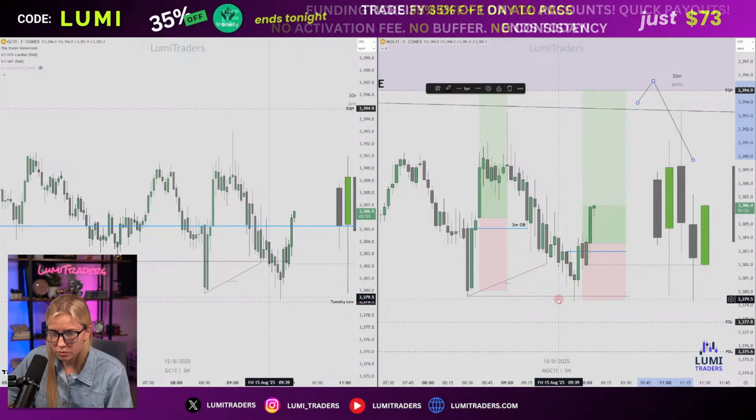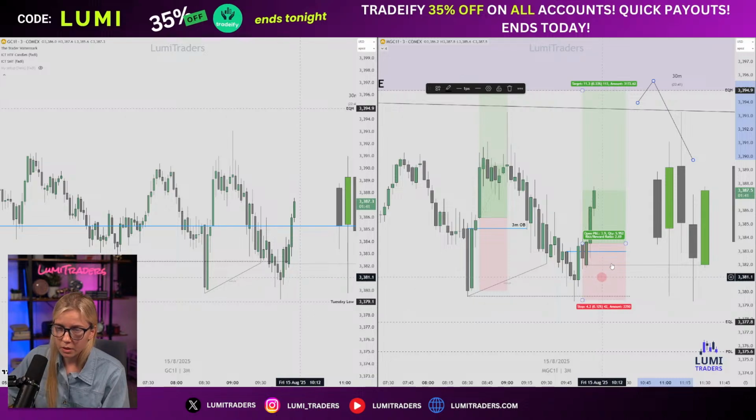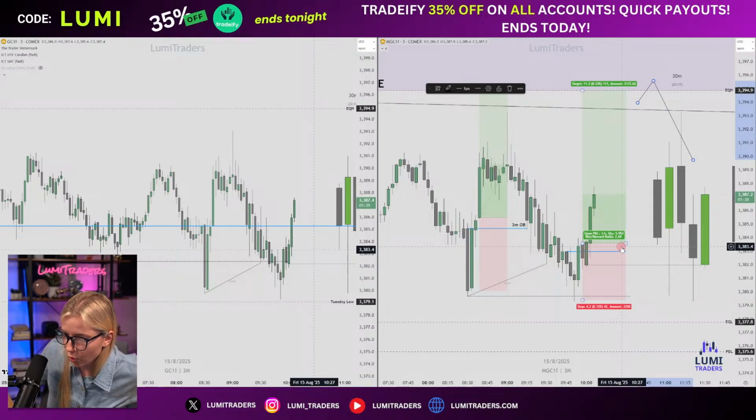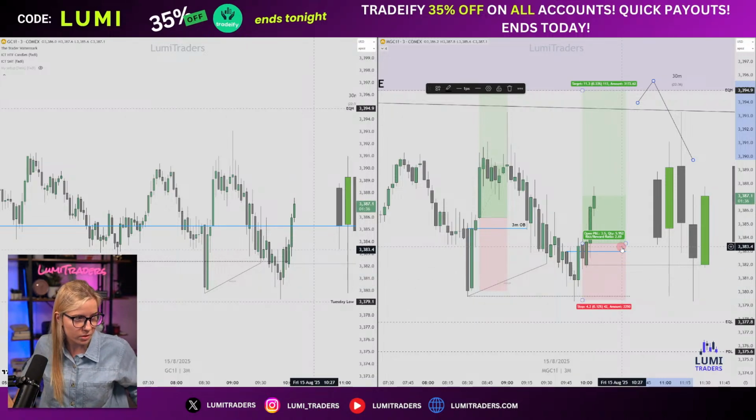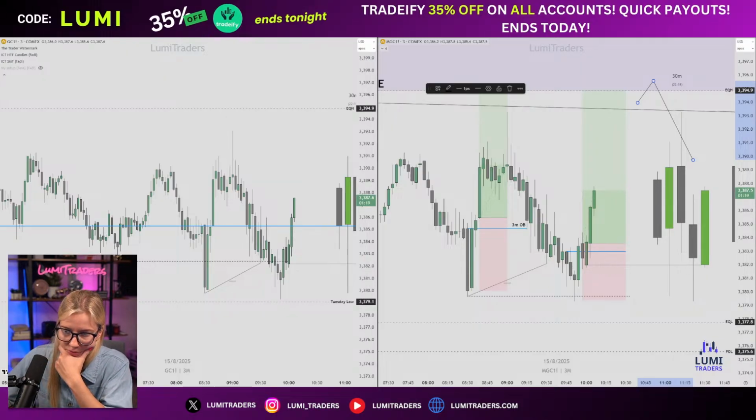So let's see if this move will be enough. Guys, who loves this long and who votes for this long, type 1 in the chat? Let's see how many people want to long this with me. And two, if it's going to fail, I'm just interested in your opinion about this trade.